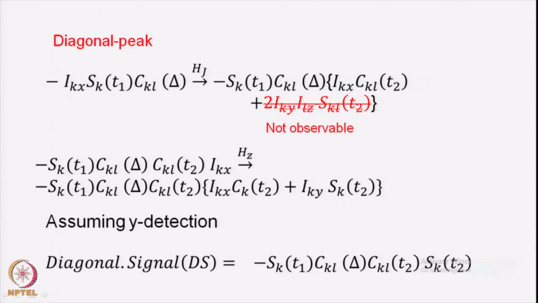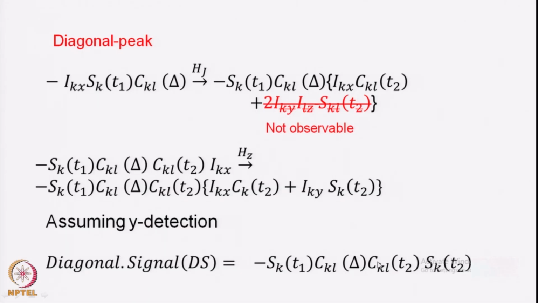When you Fourier transform it, the T1 dependence produces a frequency, and this constant time evolution will not produce a frequency. It appears only as the amplitude modulation of this detected signal during the T1 period. Along the T2 period, of course, you have both the chemical shift evolution here and the coupling evolution, and both are modulating the detected signal as a function of T2.